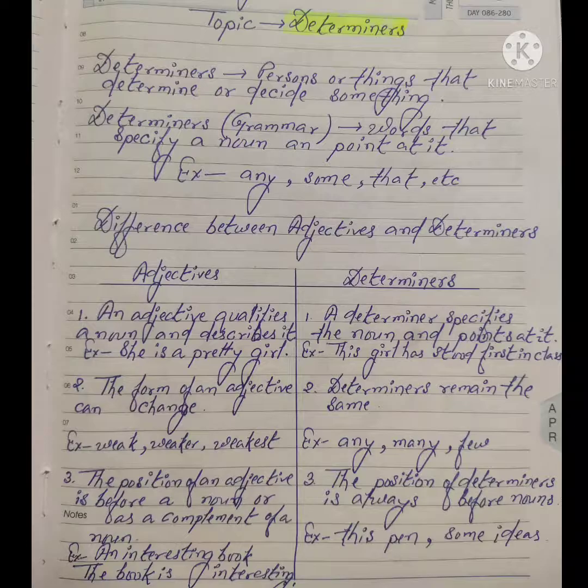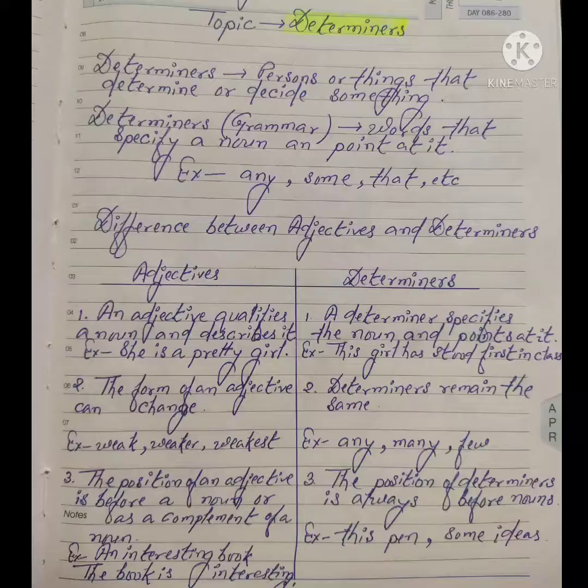The third point from the adjective side says that the position of an adjective is before a noun or as a complement of a noun. For example, an interesting book. The book is interesting. Let me make it clear that adjectives have two positions: attributive and predicative. When it comes before a noun, it is the attributive position.